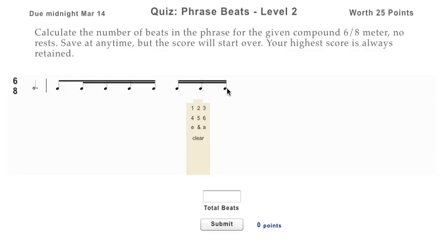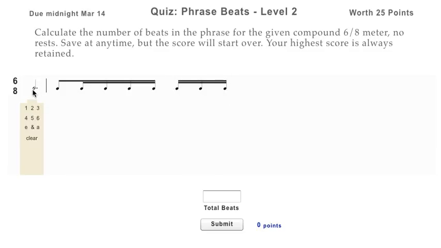Another way to think about it is 3 8th notes equal 1 beat, or 6 16th notes equal 1 beat. We only have 3, and 3 is half of 6. So again, this is half of 1 beat.